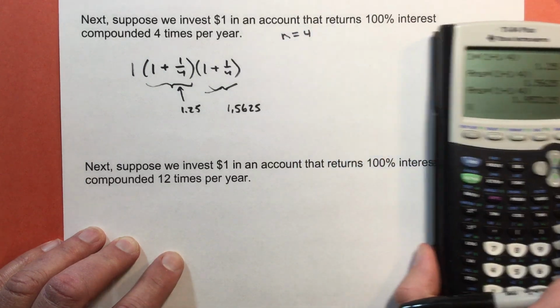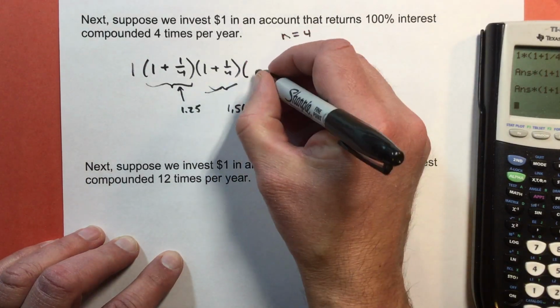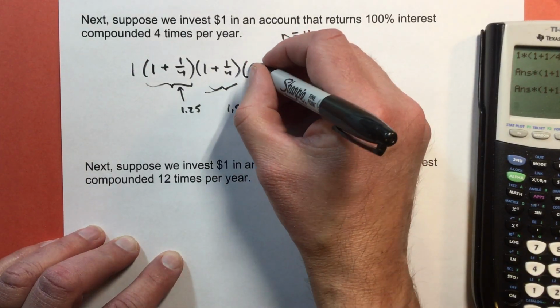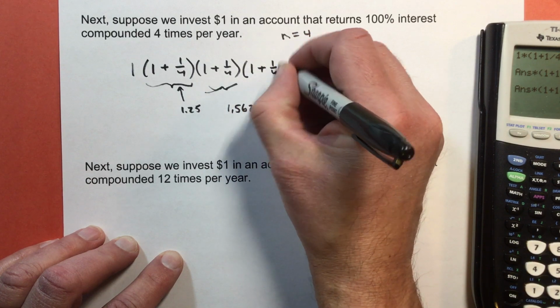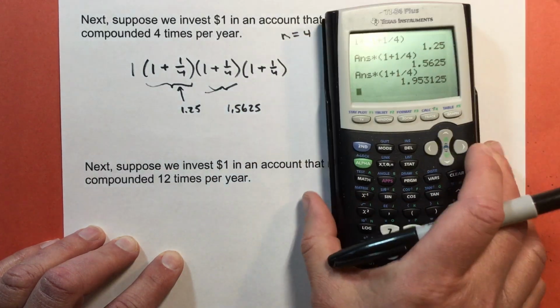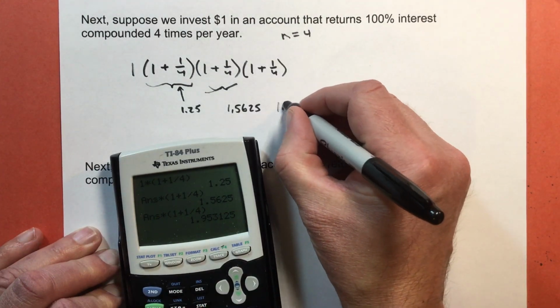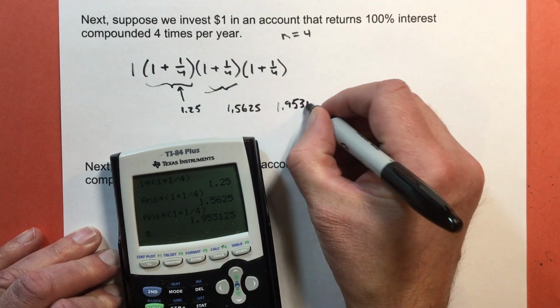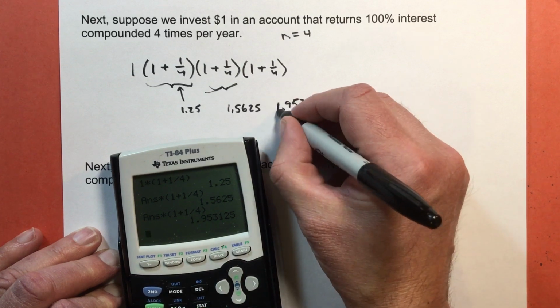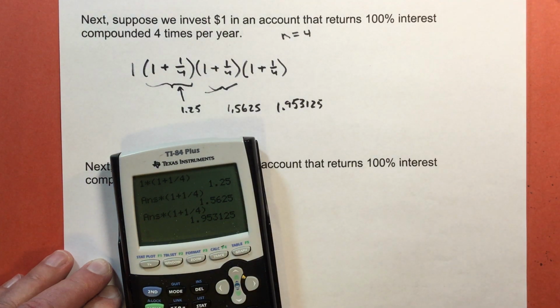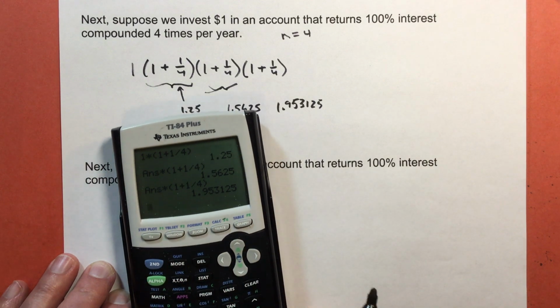And after 3 more months, after 9 months, now my account is up to $1.95 and 3125. And of course, there's only 2 decimal places with money.